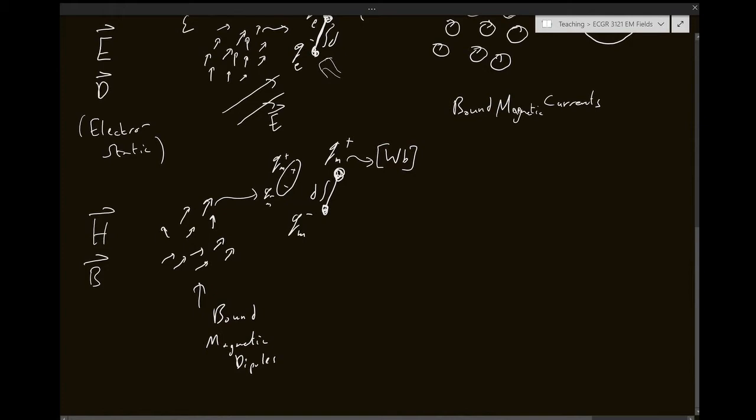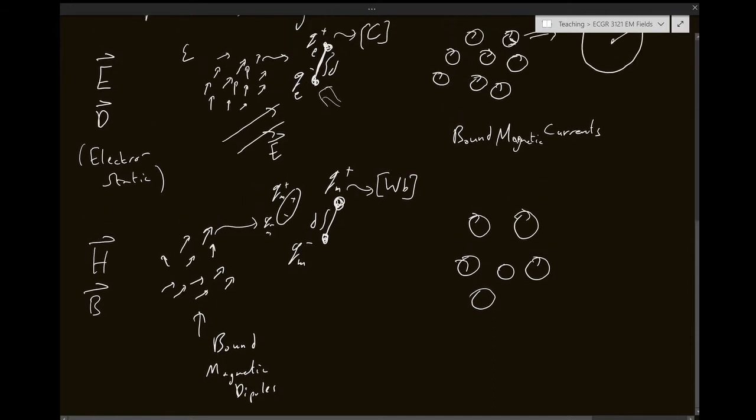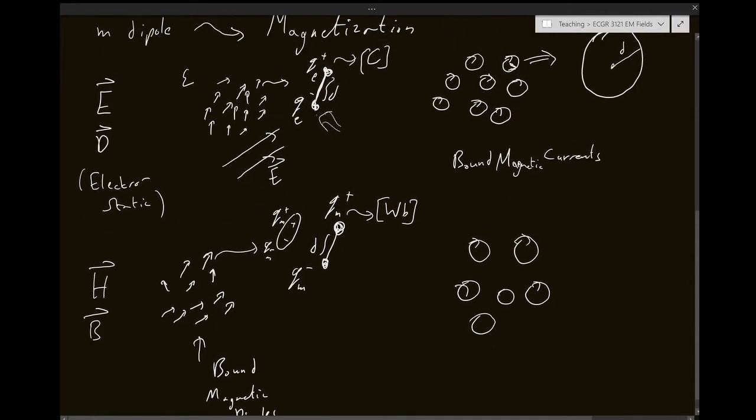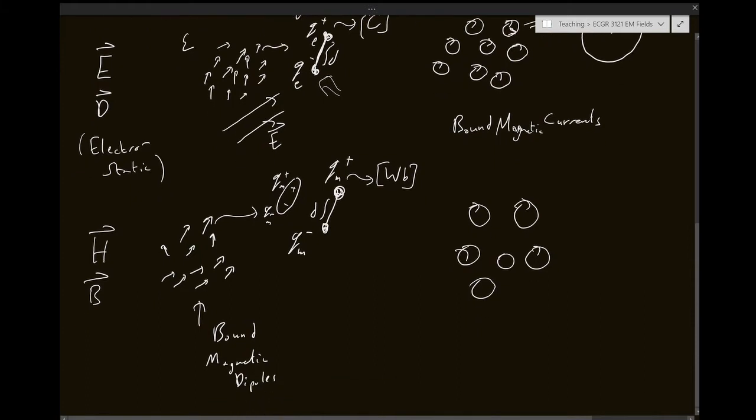But then also there's the alternate picture where we can look at dipoles as tiny loops. Now in the same way where we went from two charges with a distance between each other to magnetic current, here we go from two magnetic charges with a distance between them to electrical current. So if I zoom into one of those loops, those are bound electrical currents.